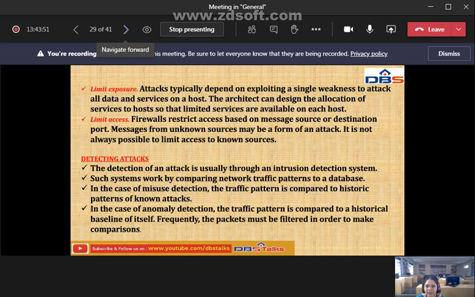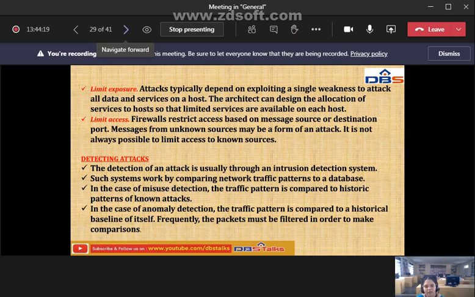Next, limit exposure. Attacks typically depend upon exploiting a single weakness to attack all data and services on a host. The host is the one providing the services.